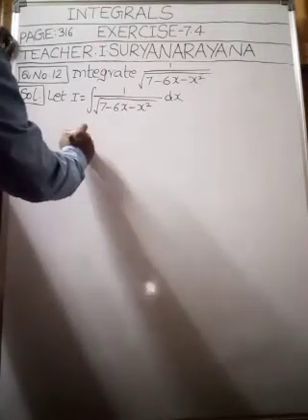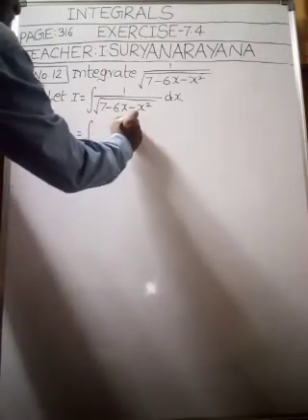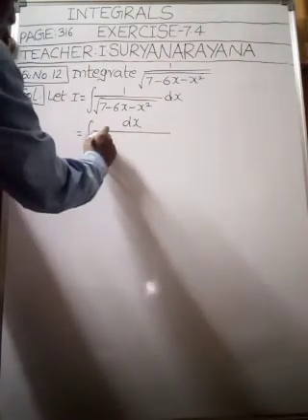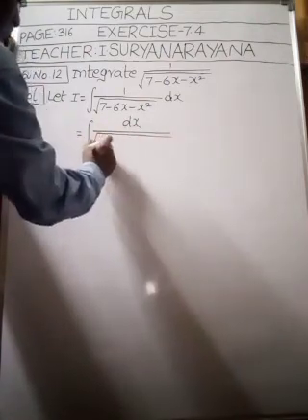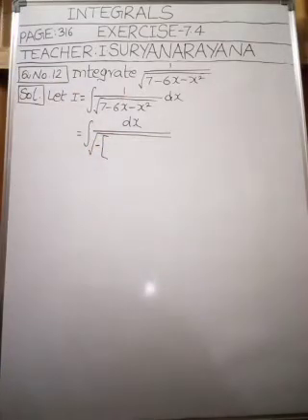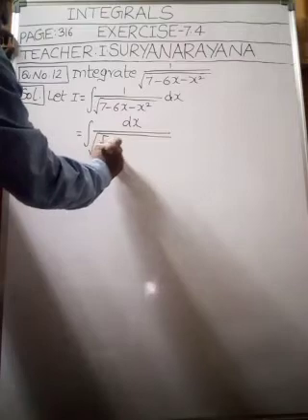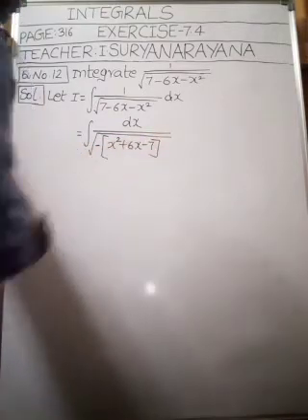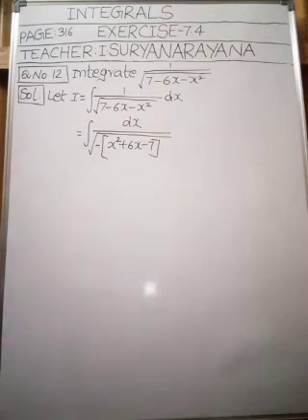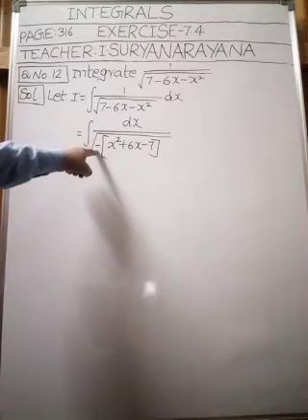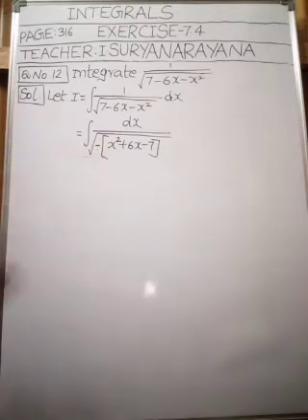That is why integral dx by square root of, I am taking minus common from all the terms. Then what you get? x square plus 6x minus 7. Isn't it or not, my children? Right. But we should not take minus 1 outside, because it is under the square root. Please remember this point, my children.